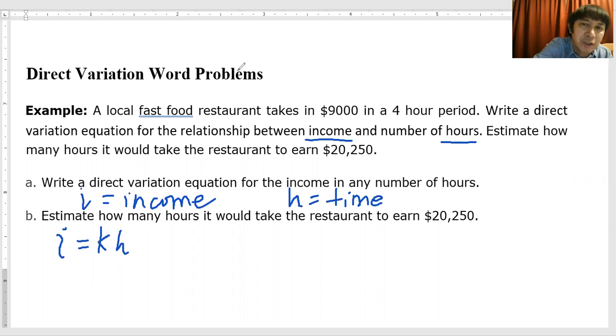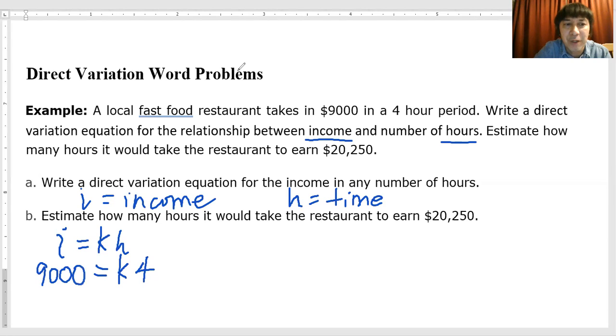So we can use it in the income, $9,000 earned in 4 hours. So we will be able to compute for the constant of variation. We will just divide 9,000 divided by 4. That will be our working equation, and that will give us the K.